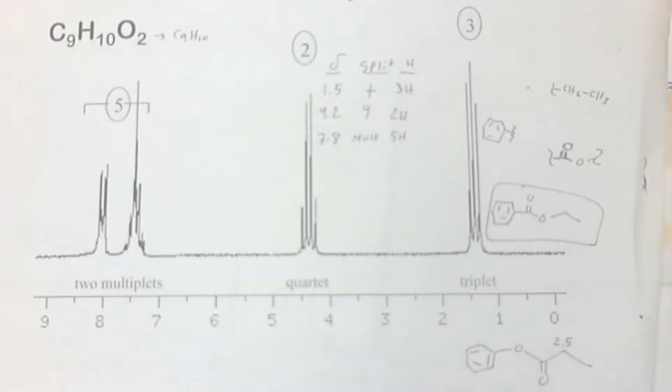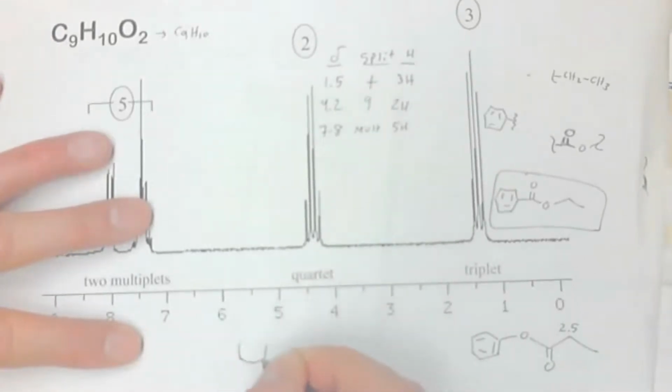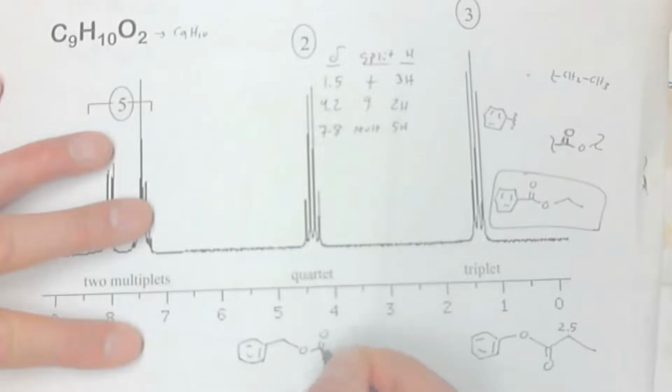Somebody said, could it have been benzene CH2 ester CH3? That's a great question. Let's draw that. Benzene CH2, and then say ester CH3, something like that. That would be benzene CH2 ester CH3, right?